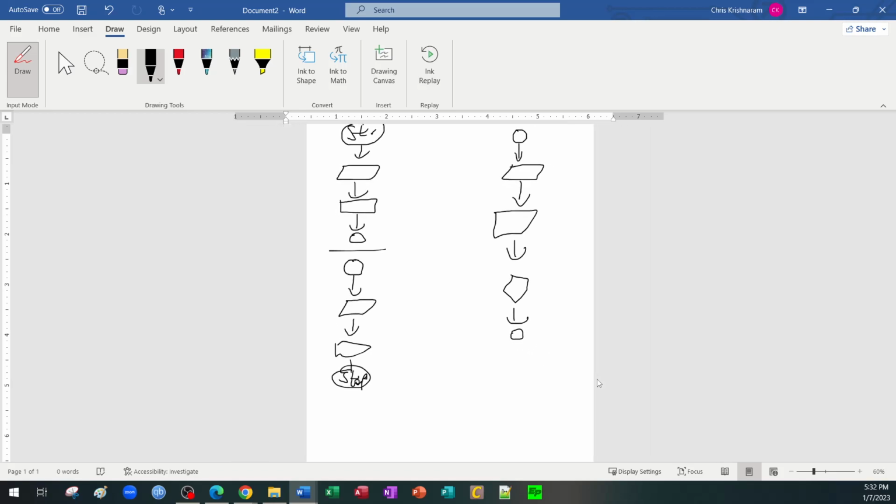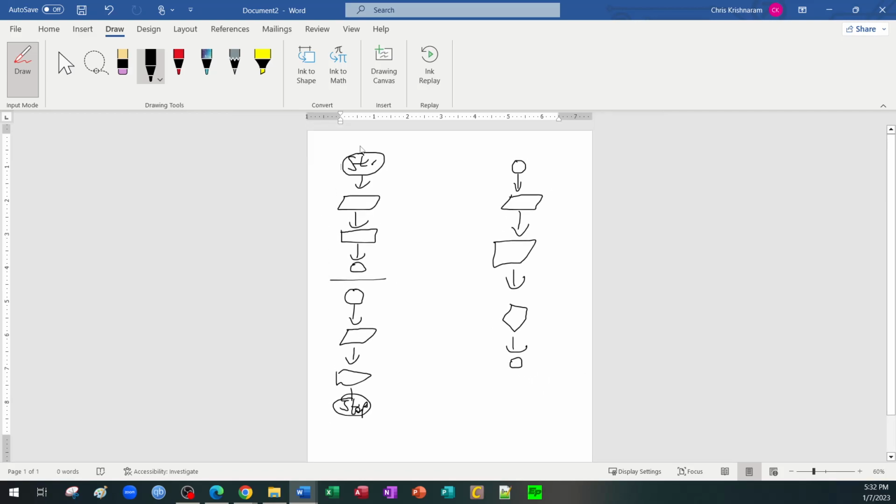So basically what I'm doing here, the one on the left hand side, is flowchart number 1, flowchart number 2. So number 1 is my main flowchart. I'm going from starting to ending. So remember, we always go from starting to ending, start to stop.